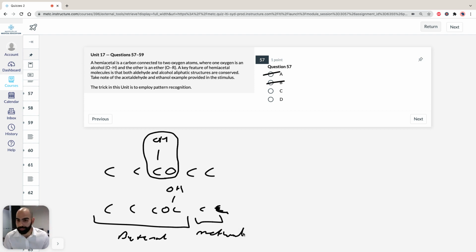Whatever the structure is, it's not propanol and ethanol. That's why the answer is C.